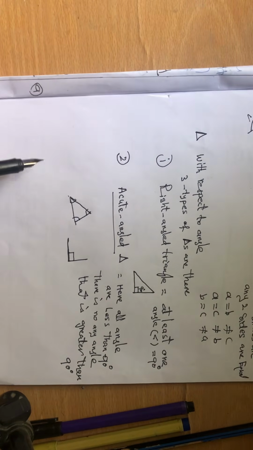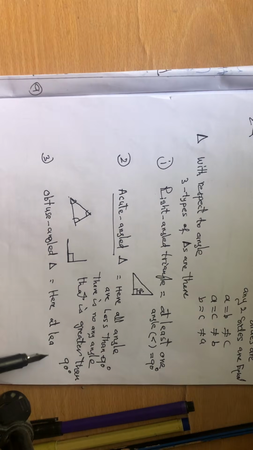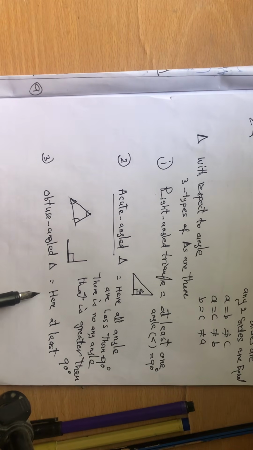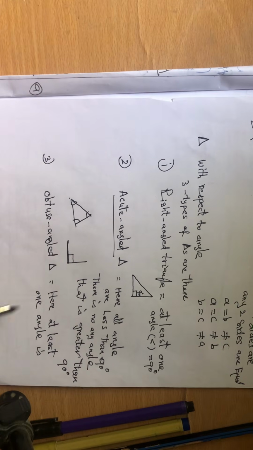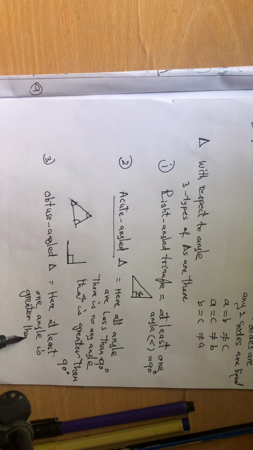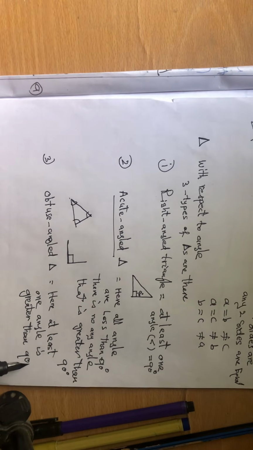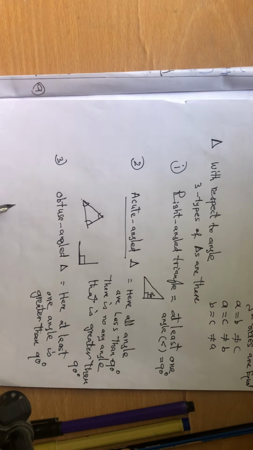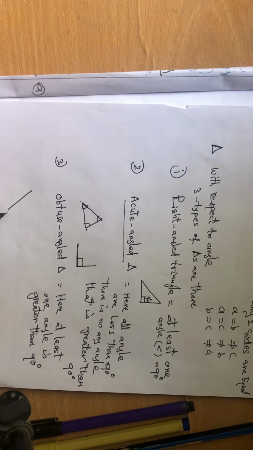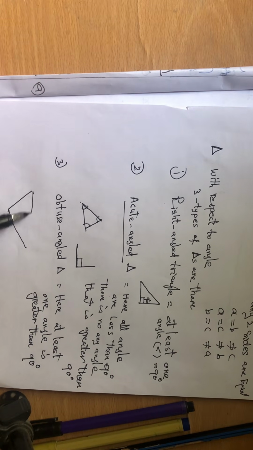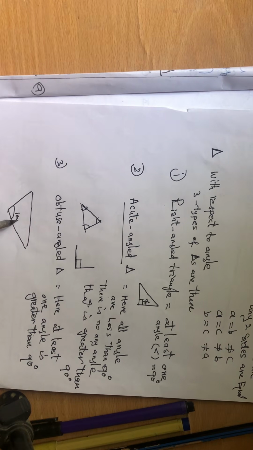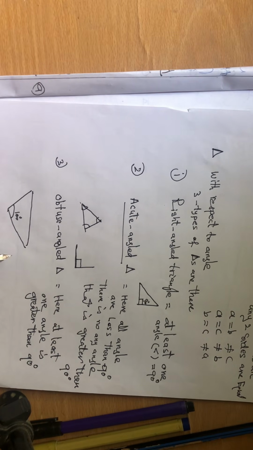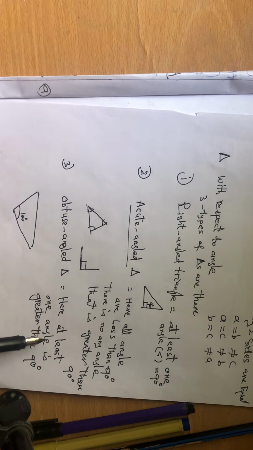Coming to the next and third, that is called the obtuse angled triangle. In an obtuse angle triangle, you can find at least one angle that is greater than 90, maybe 95, 100, like this, but greater than 90. When among the three angles of a triangle one angle is greater than 90 degrees, such a triangle is called an obtuse angled triangle.